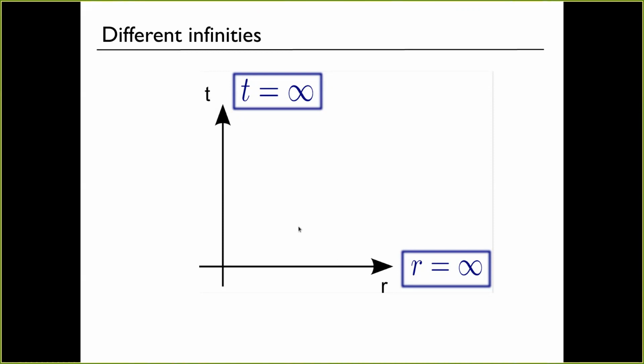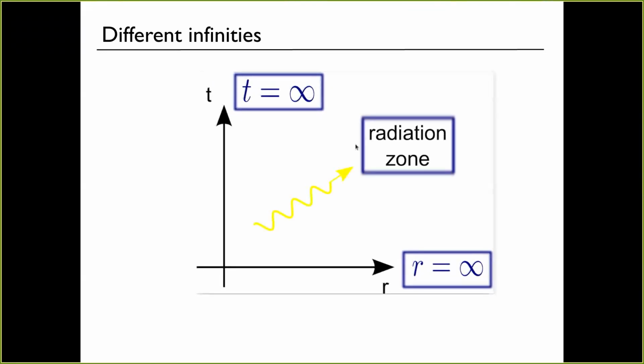And the third way is the way to go if you want to study processes like radiation, and that is to go into the radiation zone. You go there by keeping your light cone coordinate fixed and sending r to infinity. In Minkowski spacetime, that will be the coordinate u, which is simply t minus r. You keep that fixed and send r to infinity to go to the radiation zone.